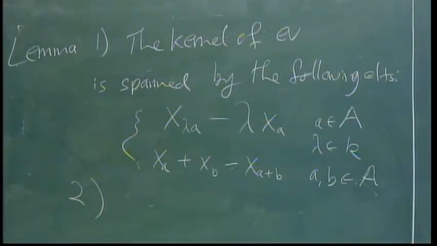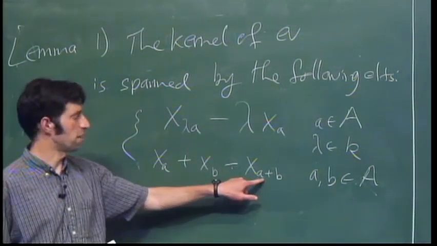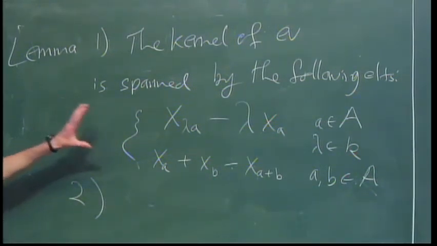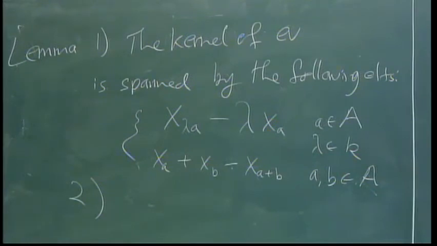I stand corrected. It should be a minus there. Yeah. The other thing I could do is use this relation to stick the minus into the denominator there. Yeah, OK. So these elements, in fact, span the kernel.